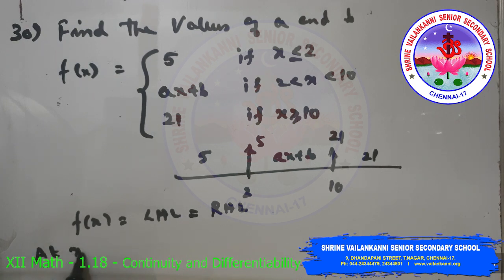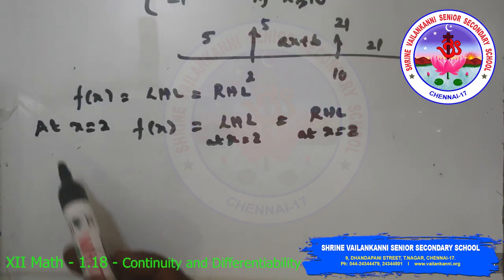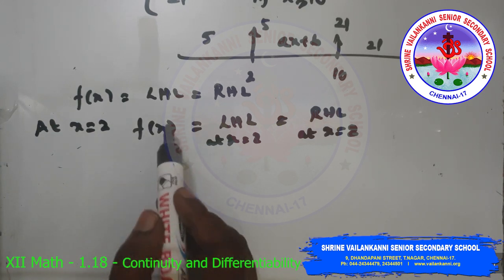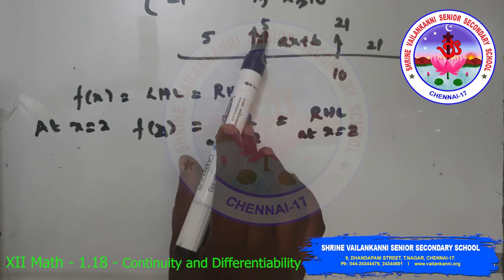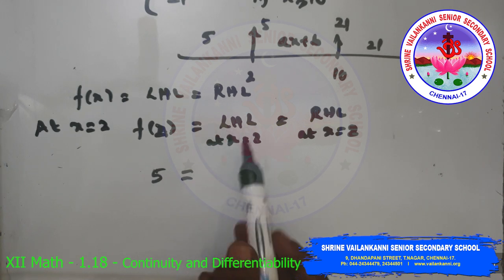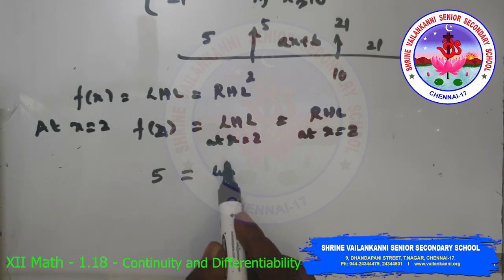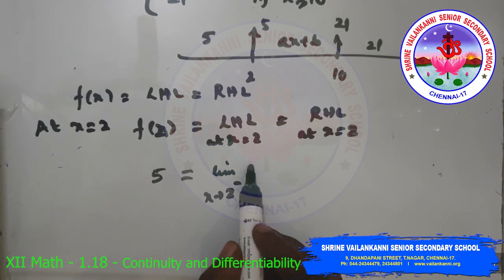At x equal to 2, f of 2 is equal to left hand limit at x equal to 2, which is equal to right hand limit at x equal to 2. At x equal to 2, the function f of x is defined to be 5. So f of 2 is 5, which is equal to left hand limit, that is limit x tends to 2 minus f of x.